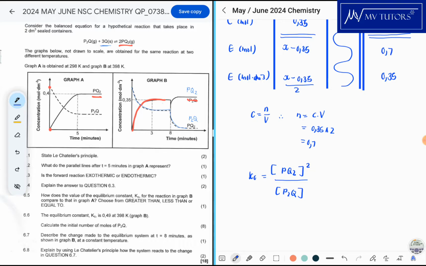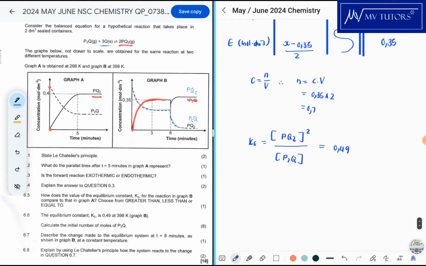And that's to the power 1. That value is going to be equal to 0.49. So I'm looking for the concentration of the reactants, which is the concentration of P2Q. If I take it to the other side, I'm going to have to take 0.49 to the other side.